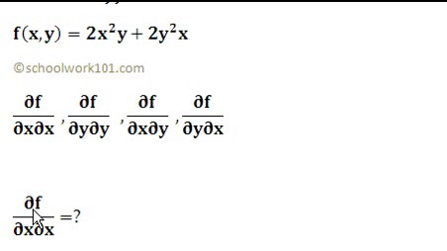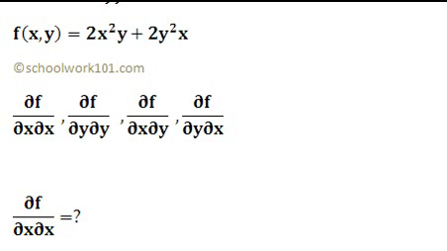So we're going to be looking at the partial of f over the partial of x. Which one do we do first? Because we're either going to be doing this one or this one. You might want to pause and write that down.